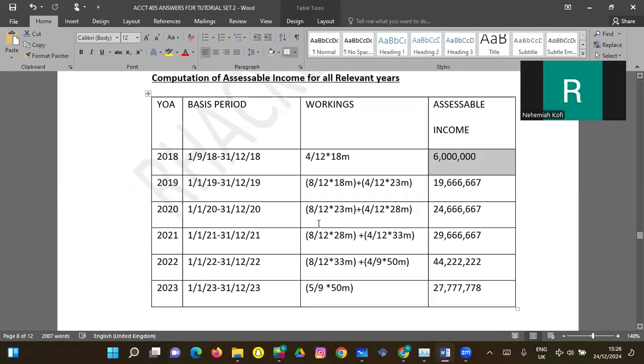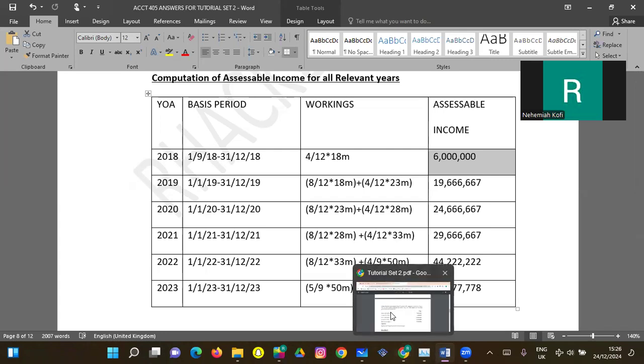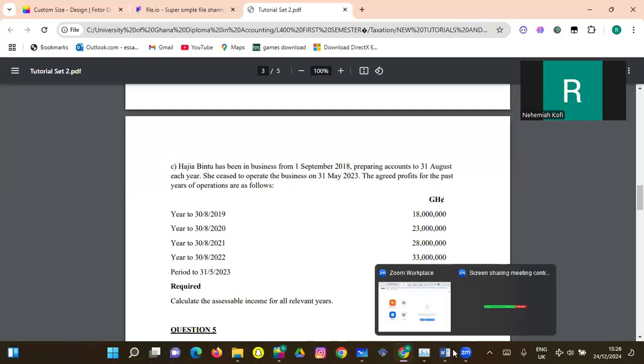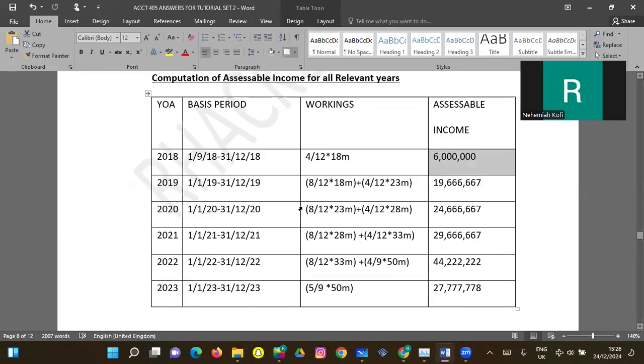And remember, we will be having from 1st January to 30th August within this revenue. So that's what we are doing here. 1st August to 30th August, we'll have this revenue, 23 million.